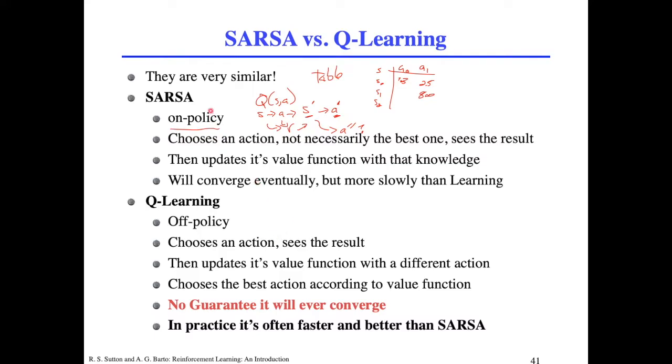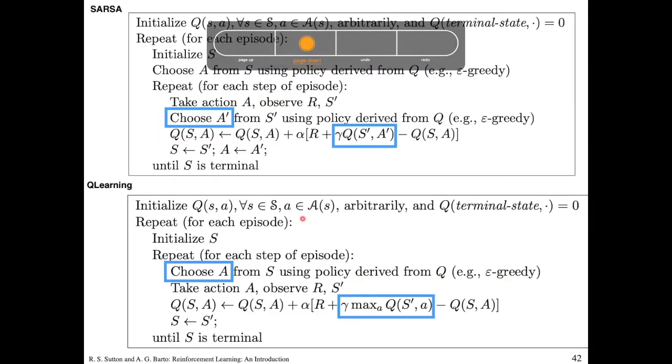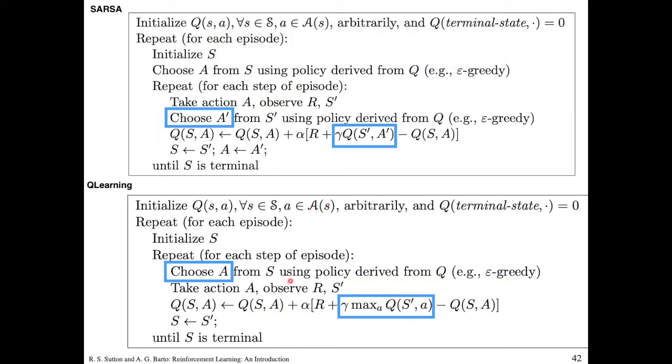So SARSA, in a sense, is a bit more conservative. It's going to stick to the thing it did. It's going to take the saved action that it actually evaluated. Because Q-learning is always going to look for the best thing to do. It's still epsilon greedy, so at every stage it could choose an action that is suboptimal, but it's basically not committing to the action that it used for its initial calculation.